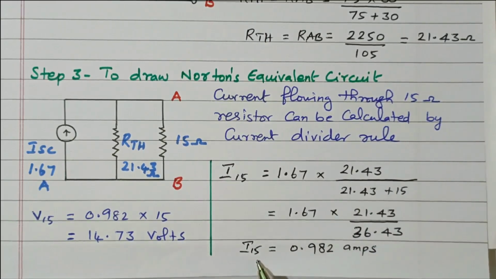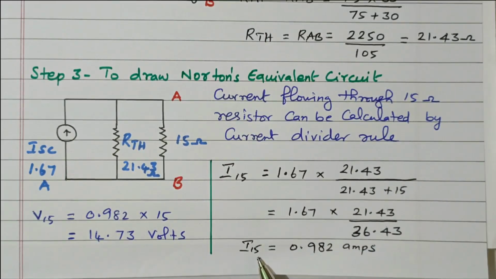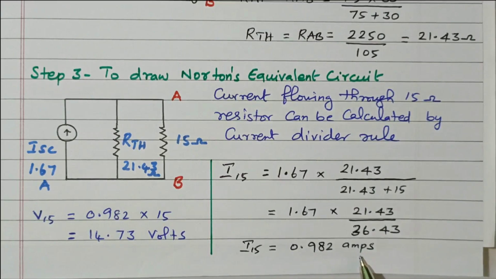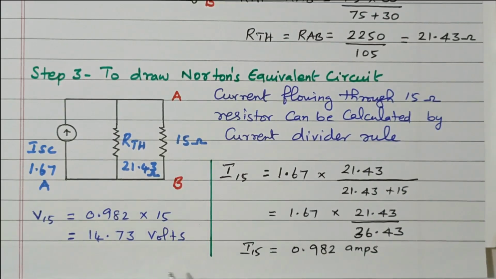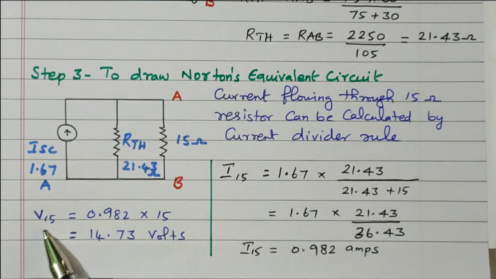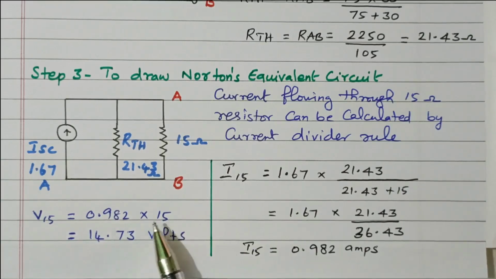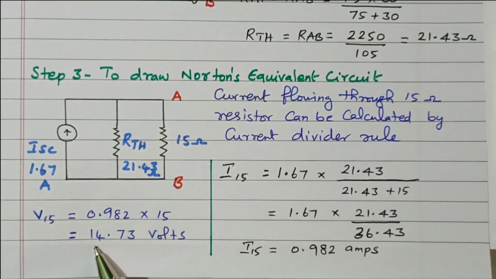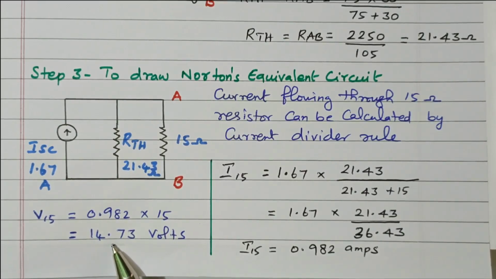So current flowing through the 15 ohm resistor is 0.982 ampere. So from this value we can find the voltage across. V equal to I into R. I is 0.982 ampere what we calculated now into resistance 15 ohm. So 14.73 volts. The voltage is not asked, but we are able to find the voltage also, right?